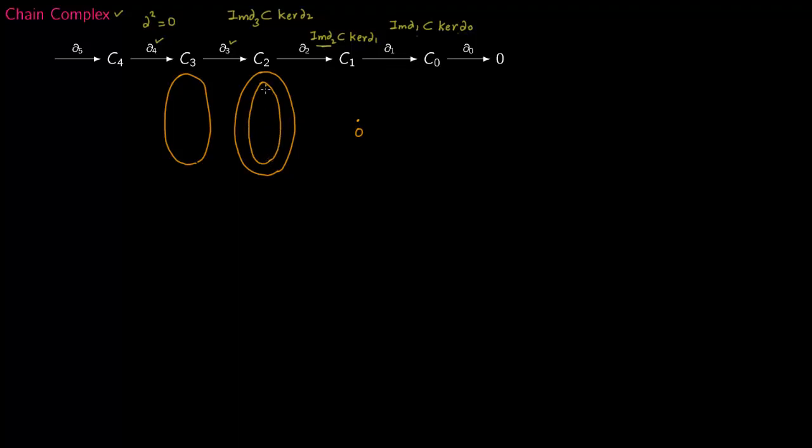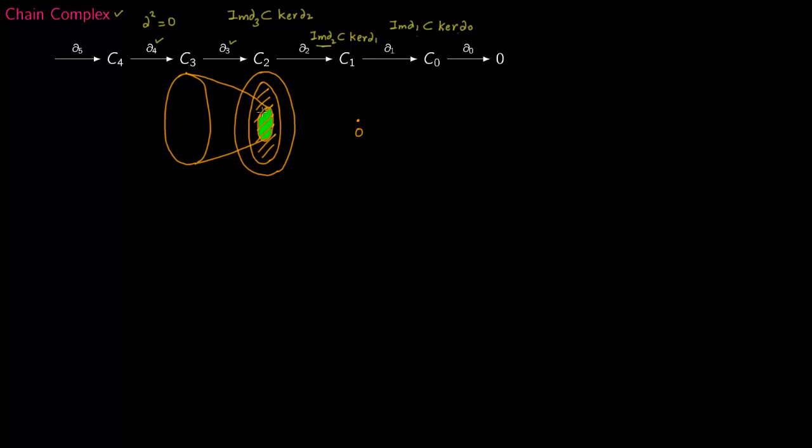So we are going to shade this portion. But the image of delta 3 lies within the kernel of delta 2. So this entire module here gets mapped inside the kernel. It gets mapped somewhere inside here, say like this.